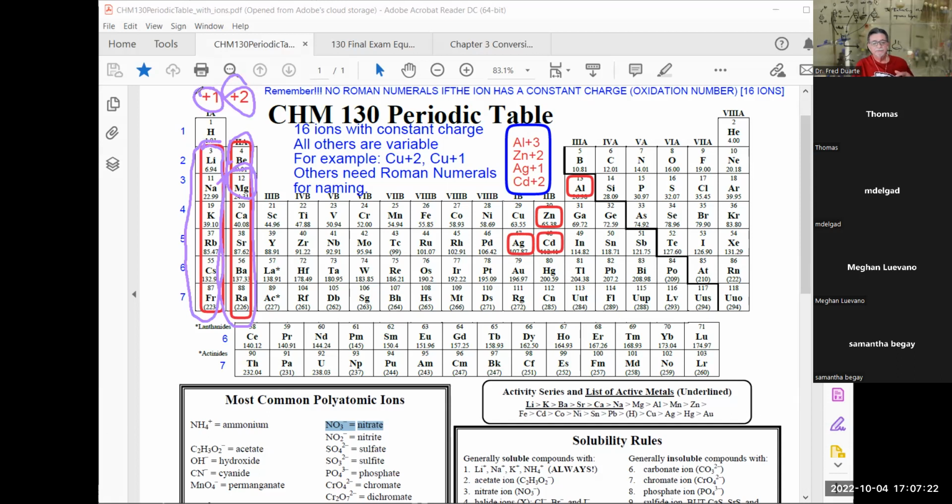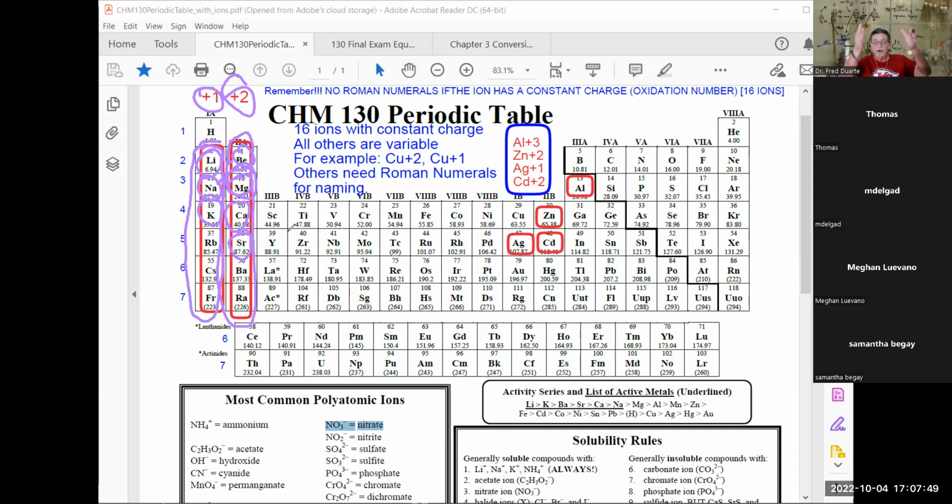That's 12 elements that you know 100% of the time what their charge would be as ions. Calcium will have a +2, magnesium +2, beryllium +2, strontium will always have a +2, etc. Lithium will always have a +1, sodium +1, potassium +1, etc.